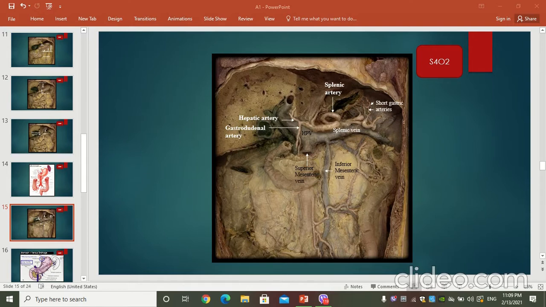So this is the portal vein, this is the hepatic artery, and this is the bile duct. These three structures are situated within the free margin of the lesser omentum, forming what is called the epiploic foramen.